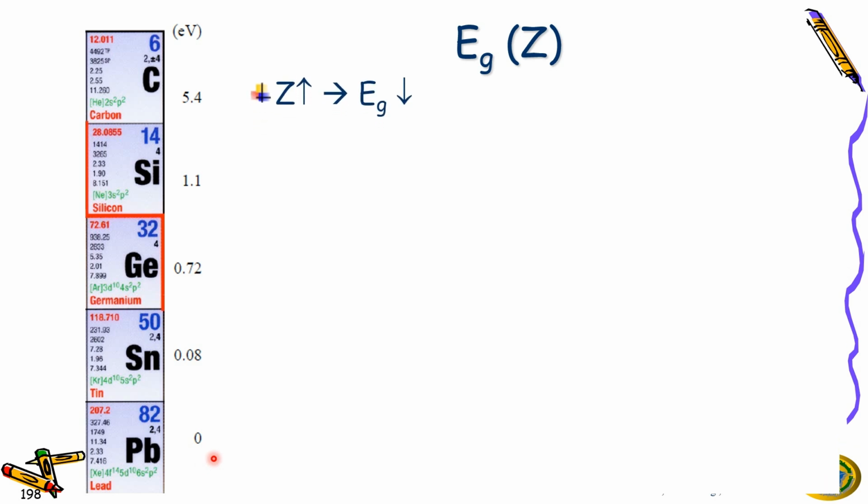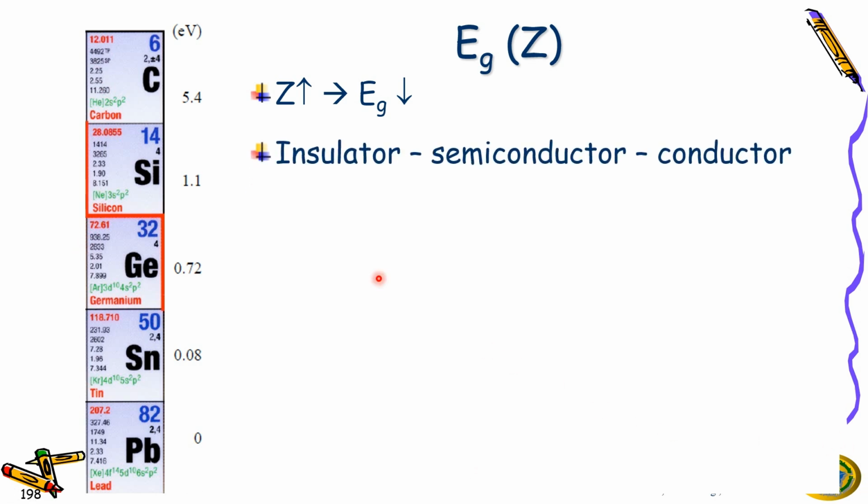So if atomic number increases, the band gap decreases, because n equals 2, 3, 4, 5, 6. So this one is insulator, semiconductor, and conductor, because the band gap decreases.